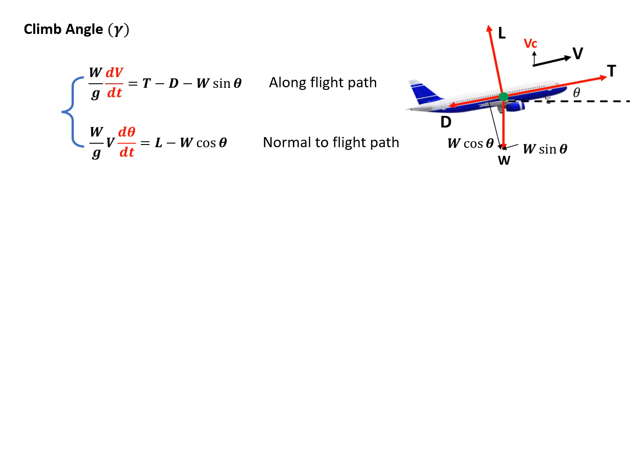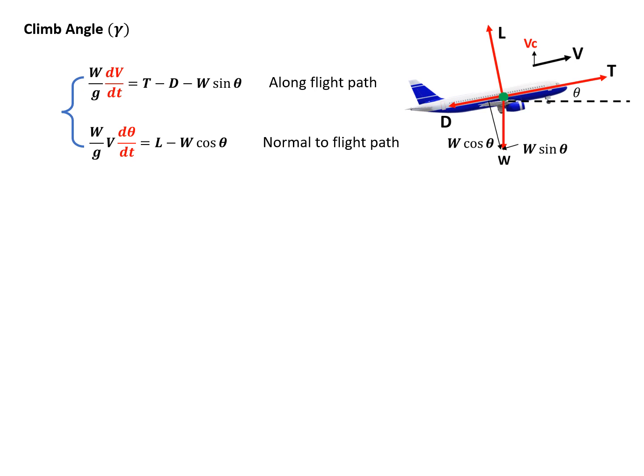Now let's first have a look at how to calculate the climb angle. We have an aircraft during the flight, on the flight path shown on the right-hand side, and we are looking at two directions: one along the flight path, the other normal to the flight path.